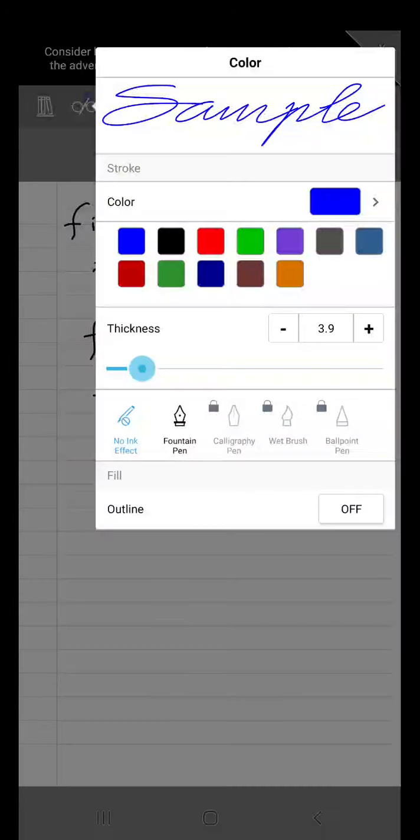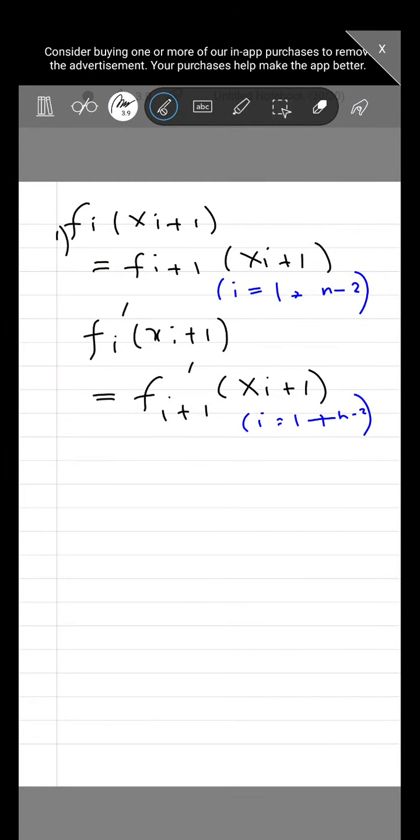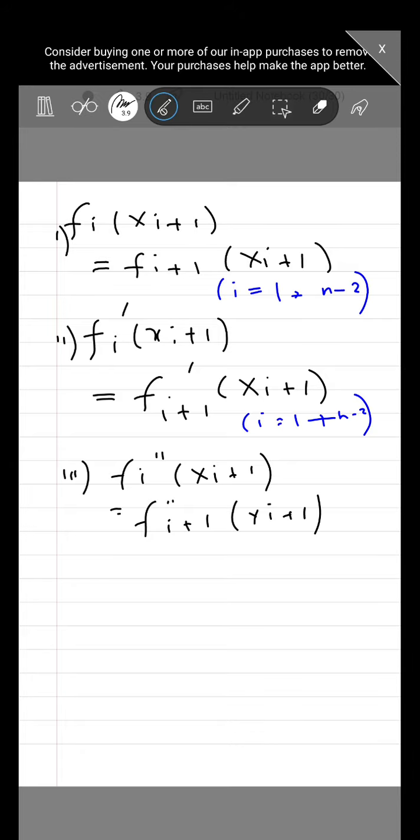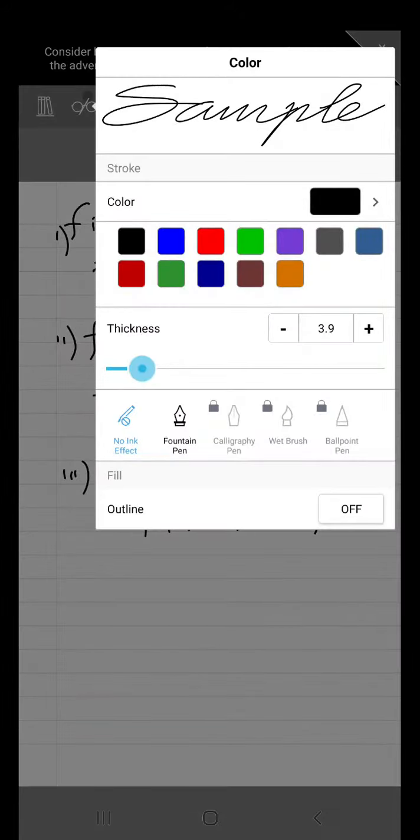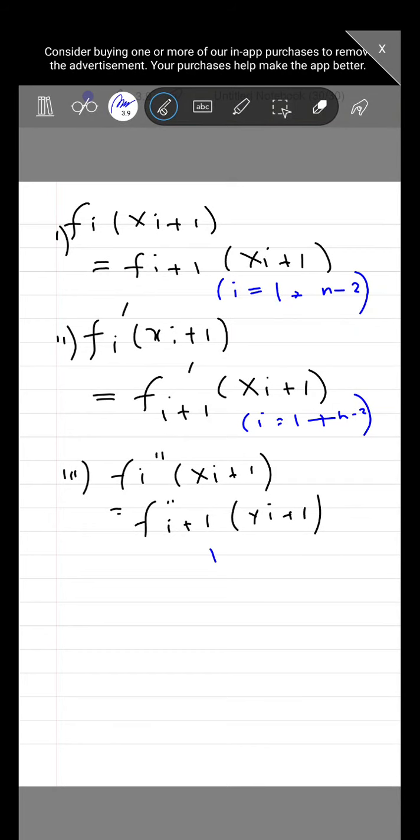The third condition that needs to be satisfied is that the double differentiation f_i''(x_{i+1}) should be equal to f_{i+1}''(x_{i+1}), and this is also valid for i equal to 1 to n minus 2.